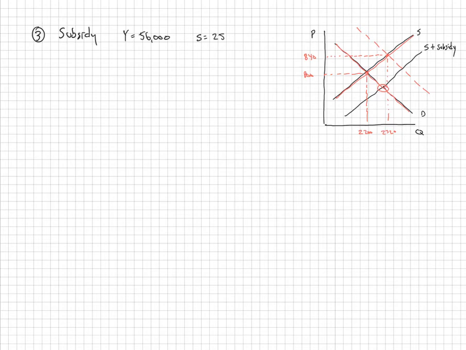Of course, here I just drew a random line, a shift of the supply curve, but given our equations, we can actually figure out exactly what that impact will be. So that's what I'm going to try to do right now.